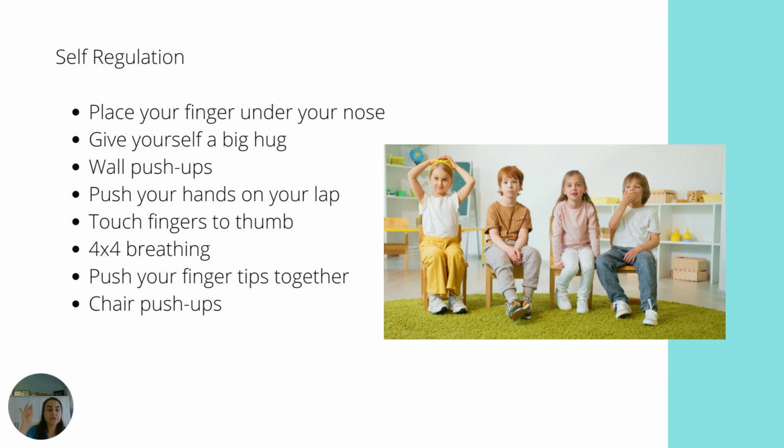Finger to thumb movements. 4x4 breathing, which I already explained. Push your fingertips together, that's also that deep pressure. And then chair push-ups. I thought I'd include this just to give you some tips of how to calm them down in the classroom.